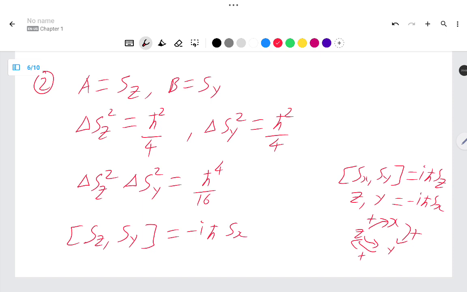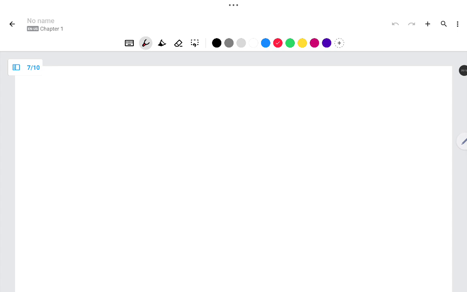So the RHS will be minus i h bar times Sx, squared, times 1 by 4.